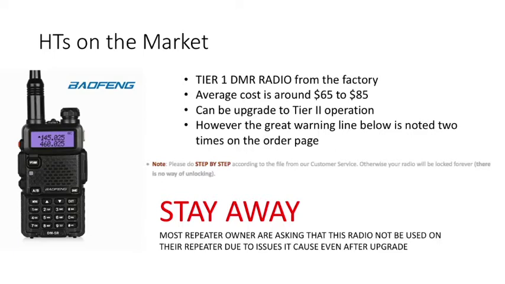And again, most repeater owners are asking you not to use this radio because it's causing problems, and what it's doing is tying up both time slots. Now, I know I keep using the word time slot, and you don't know what that is yet, but it's going to make sense to you, and why this radio is a problem, a little bit deeper into the slideshow here.